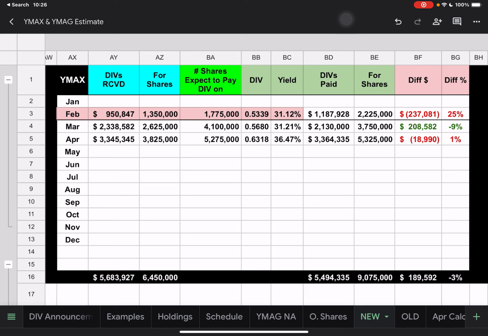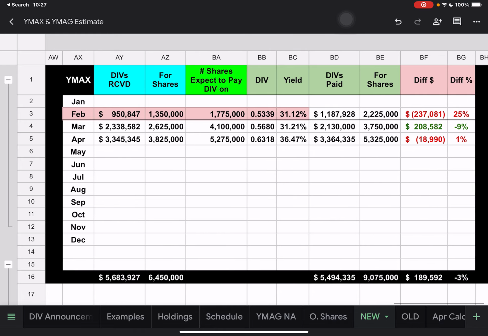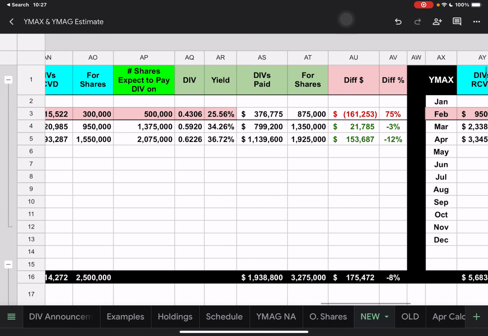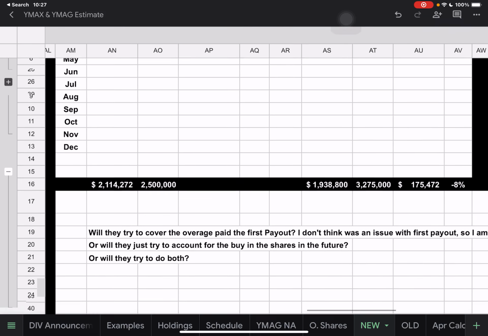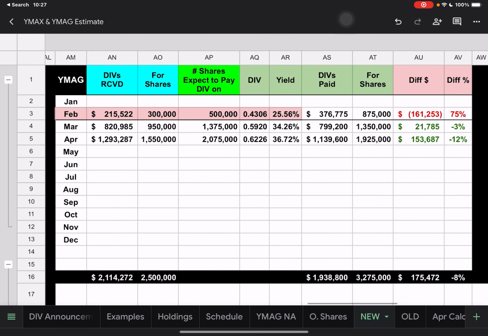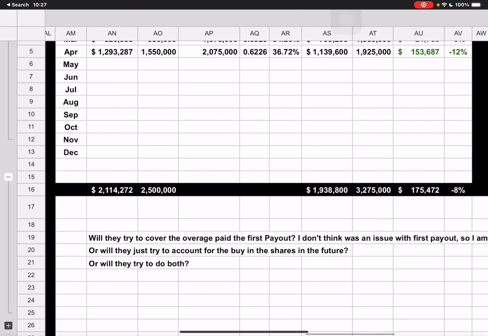I had to think about that for a second. But that would be a reason for the difference in those buffers being different for this month, and I did not take this into account because I wasn't sure, based on the questions that I had before, are they going to try and cover?